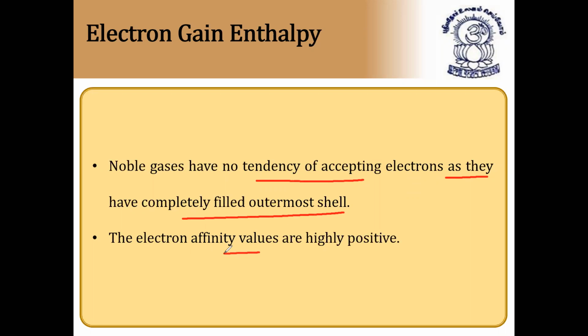The electron gain enthalpy values are highly positive, not negative values, so they do not have any tendency to gain electrons. Actually, electron gain enthalpy should be negative, but they have positive values because they have no tendency of accepting electrons as they have completely filled outermost shells.